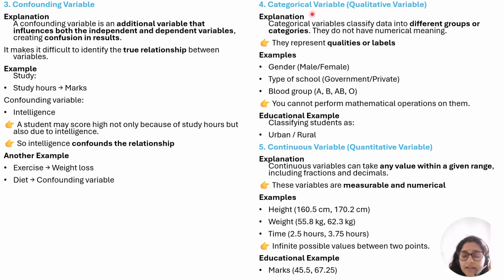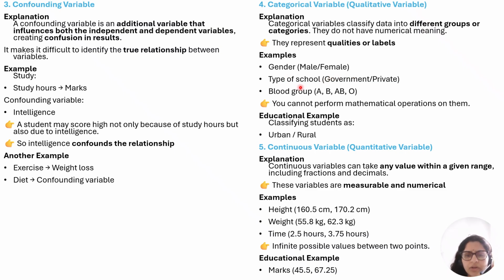Then categorical variable, or qualitative variable. These categorical variables classify the data into different groups or categories. They do not have a numerical meaning. They represent qualities or labels. Example: gender, which can be either male or female.